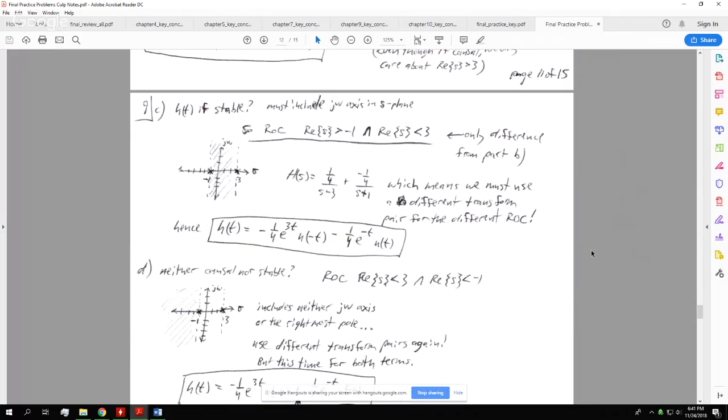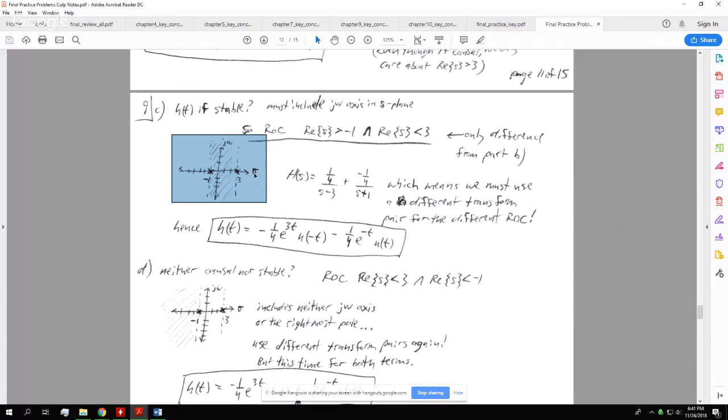Now part C, we're going to do the exact same thing, except we don't care about causality anymore. We care about stability. So what do we do here? Well, the definition of stability is that you include the j omega axis on the s plane. Remember, the s-plane is a real part axis and an imaginary axis.